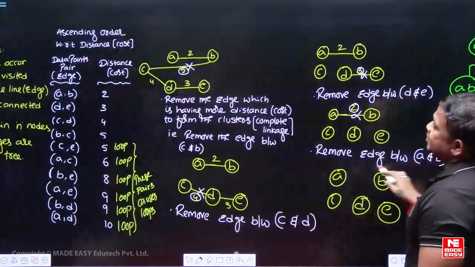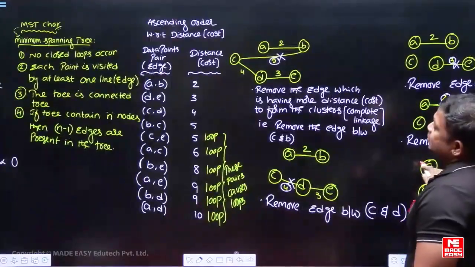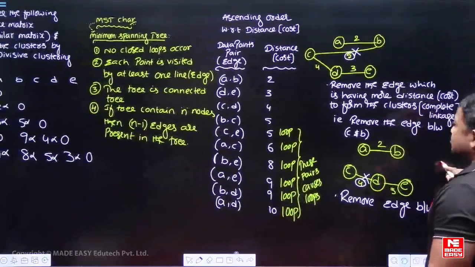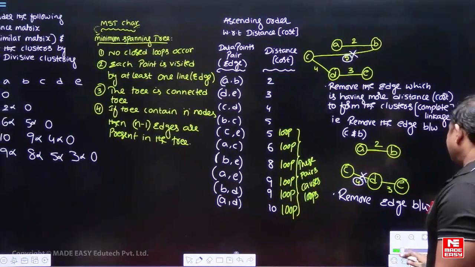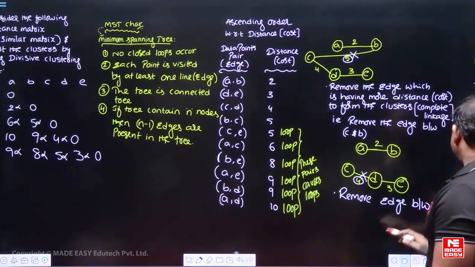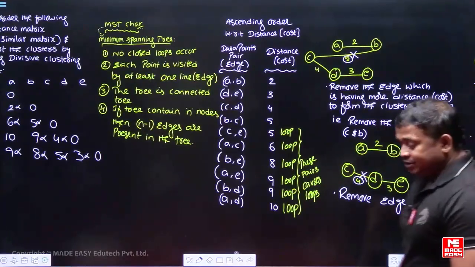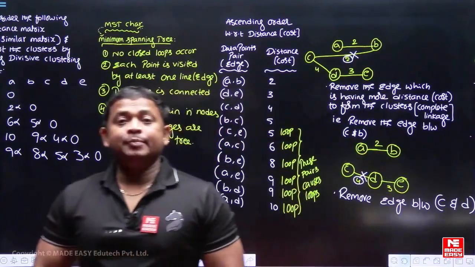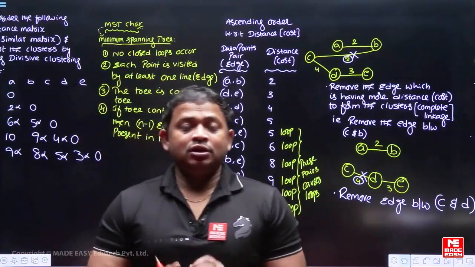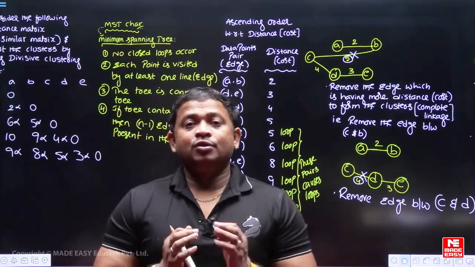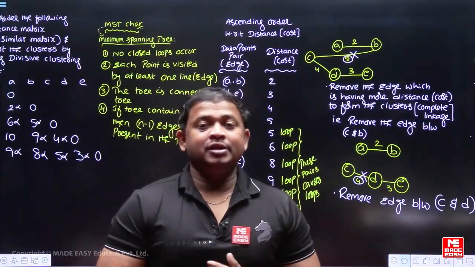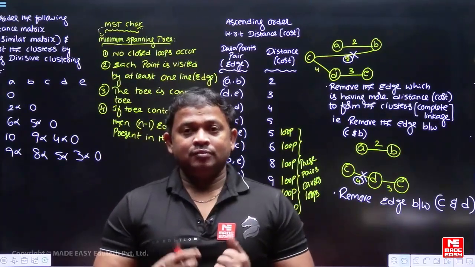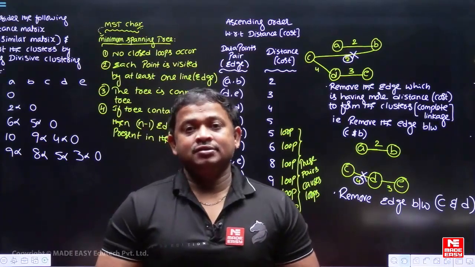Why is clustering required? All the points you need to understand. Clustering is required to group the data elements based on similarity. That is unsupervised learning. Without labeled data, if you want to learn something, we group the information based on similarity. Here the similarity measure is distance.